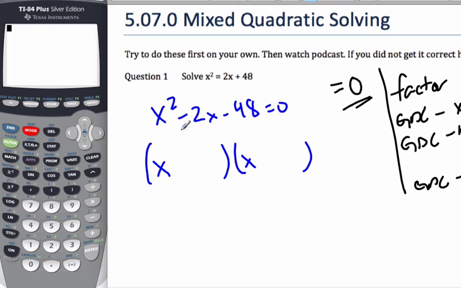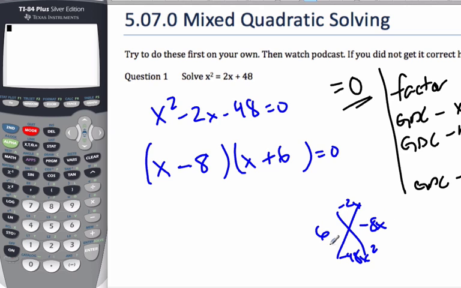By now you may have done the shortcut where you ask yourself what two numbers multiply to get negative 48 and subtract to get negative 2. And when you do that, you get x minus 8 and x plus 6 equal to 0. And yes, you could do the x squared minus 2x minus 48, and then you're going to get the negative 8x and the 6x.